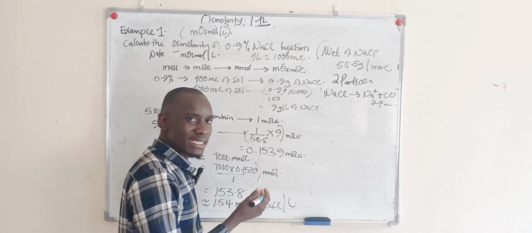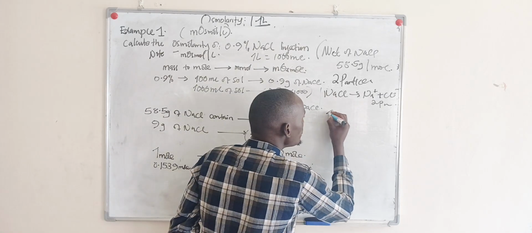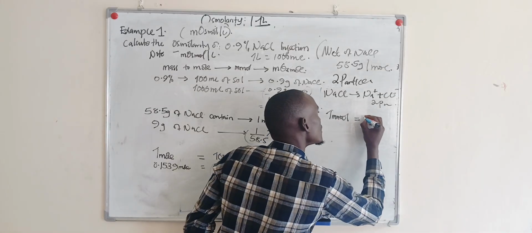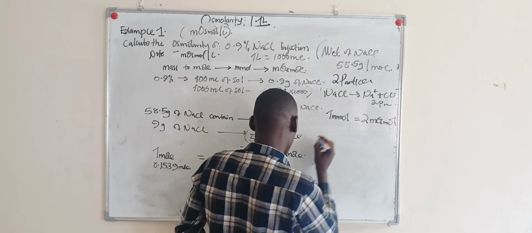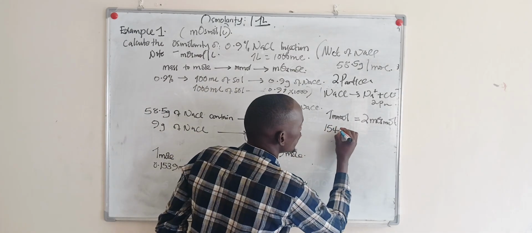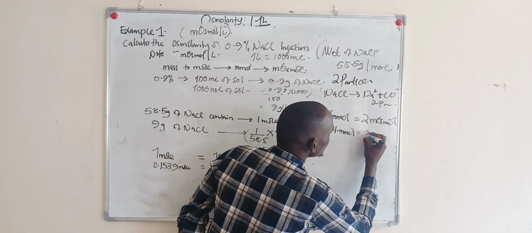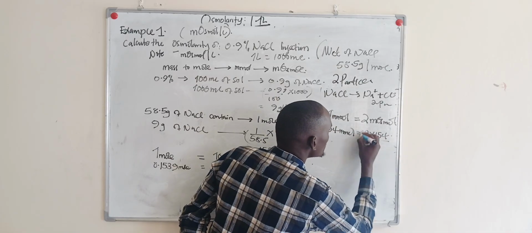So for any substance that dissociates in solution to produce two particles, 1 millimole is equal to 2 mOsmols. Therefore, 154 millimoles will be equal to 2 times 154 divided by 1.